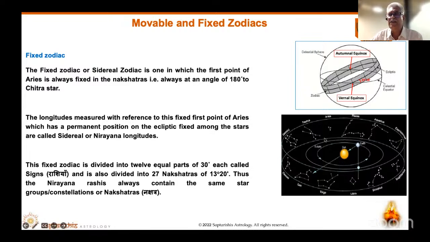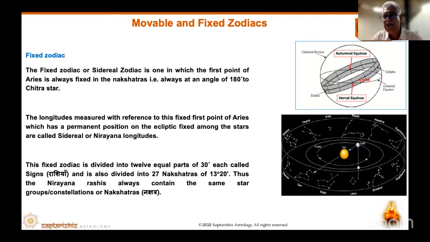Now in the western system, they take the vernal equinox as the starting point of the zodiac. They don't take this point as the starting point. Now this point keeps on changing, because of astronomical phenomena.